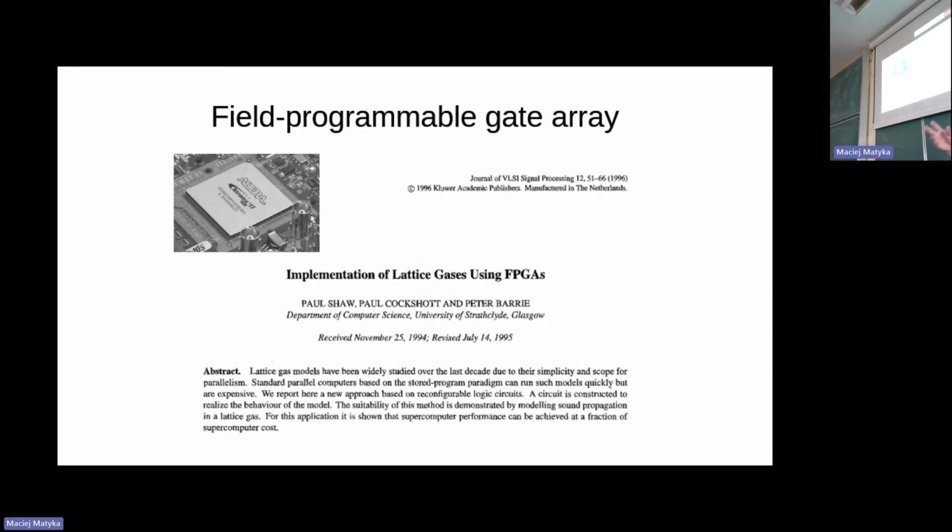People are using the model in different areas of research and for different interesting applications. For instance, there are people interested in creating FPGA processors that are directly solving Lattice Gas Automata models on the chip. That means you can do it very fast. You can skip this programming part, and it goes directly in the processor.